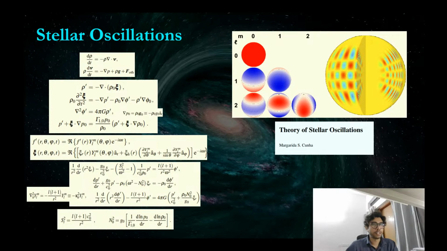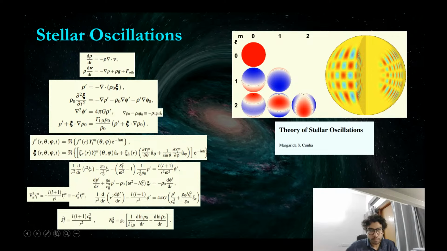It's a bit lengthy, but the main point, or the physical motivation behind these equations, is this. For example, let's take this equation, the second middle one. Here we have N naught squared, which is the Brunt-Väisälä frequency that we studied in the previous lecture, right? And this S_l is something called the Lamb frequency.